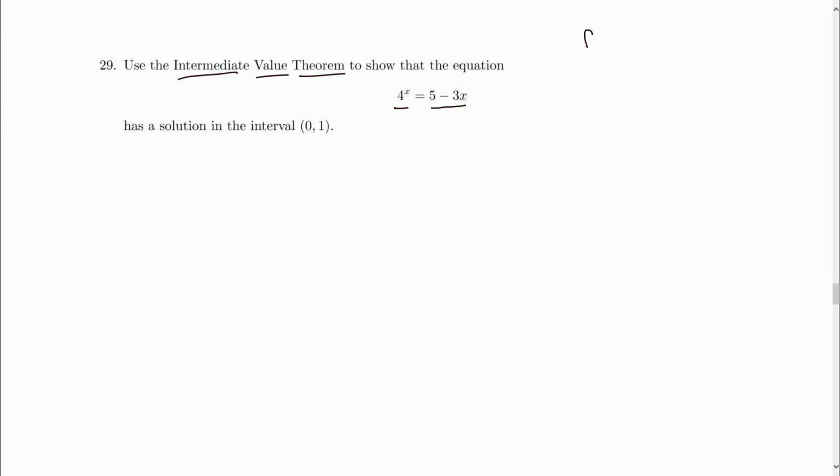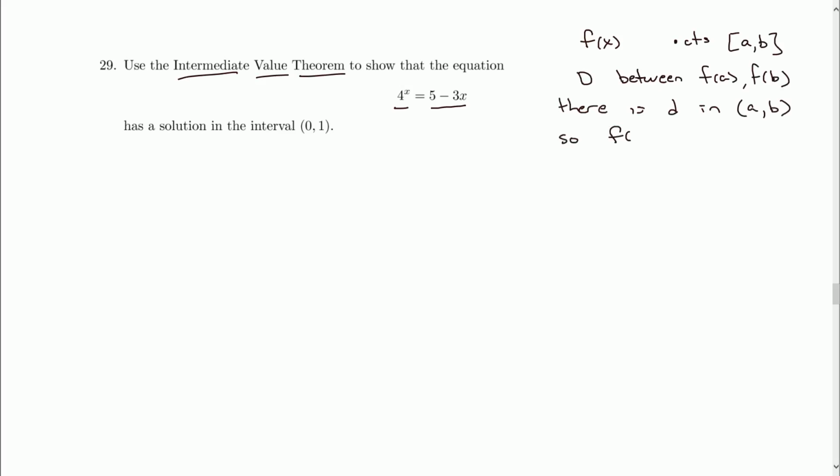Well, it talks about a function f of x that is continuous on a closed interval a to b, and it says that if you have a value D that lies strictly between f at a and f at b, I believe was the language we used in class, then there is a d in the open interval so that f of d equals the capital D value.